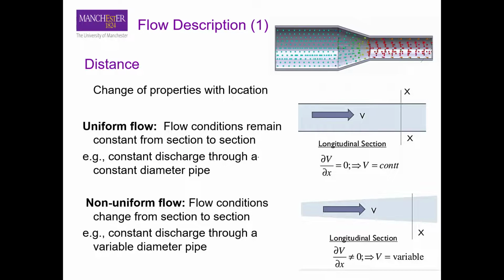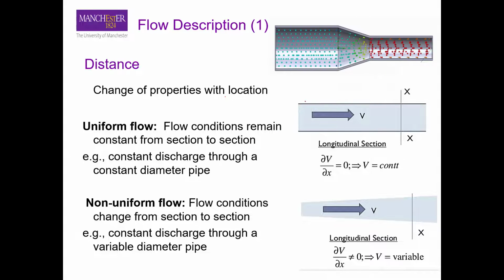There can be other types of flow descriptions. For example, we can have a change in property with respect to location. If we consider the change in property with respect to location, we can have a uniform flow. The uniform flow is a flow in which the properties or the flow conditions, that is velocity, temperature, for example, or density, remain constant from section to section.